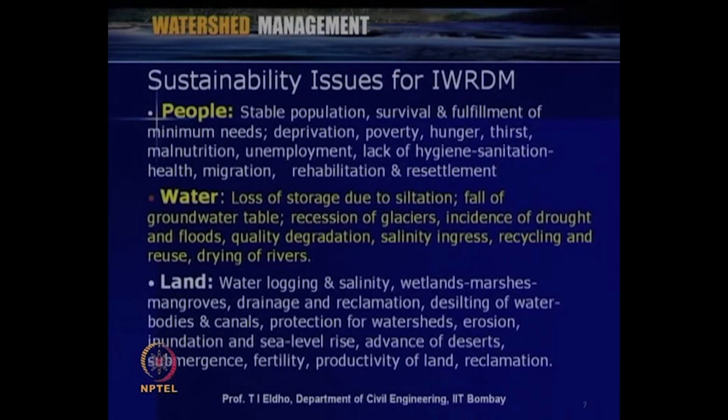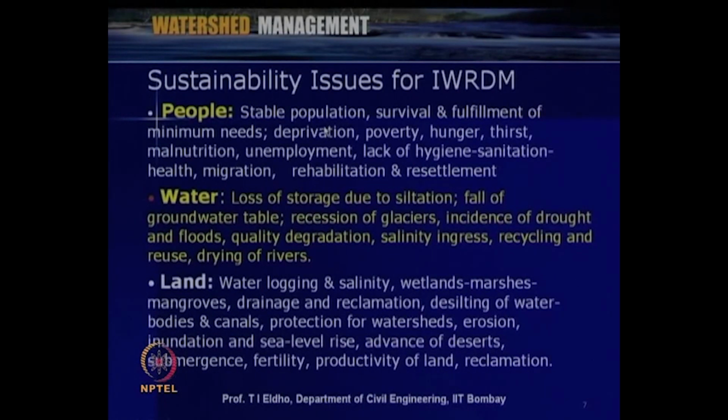Now we are discussing the sustainability issues. As far as integrated water resource development and management is concerned, we will have a brief look into the various sustainability issues concerning people, water and land. For the issues concerning people, there is the water requirement for a stable population.